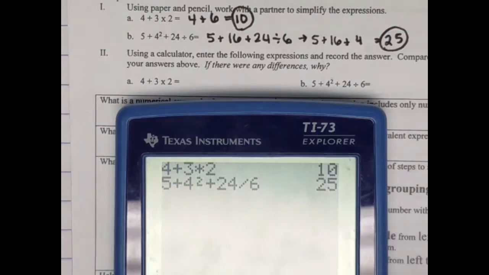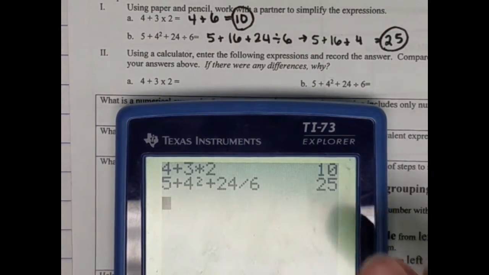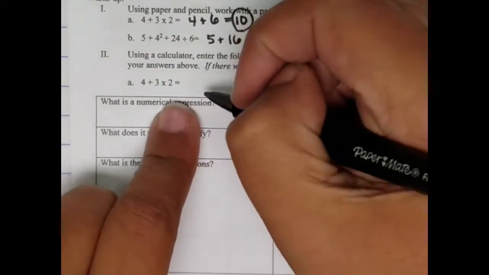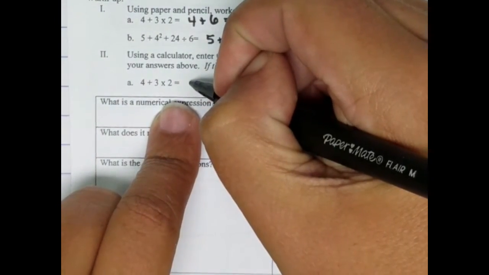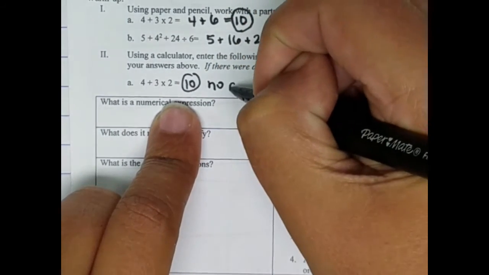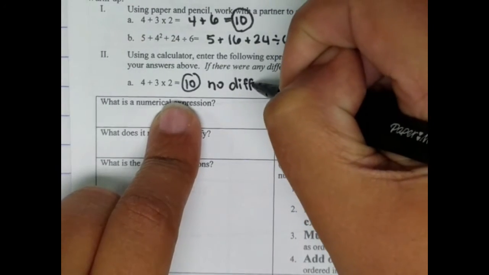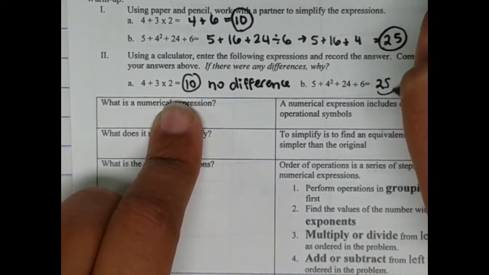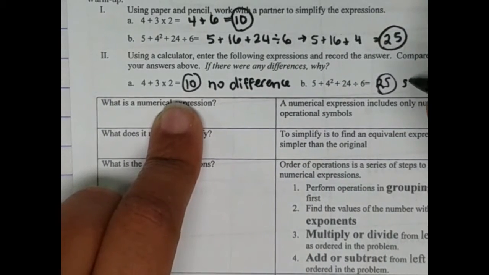They got 25 just like we got 25 because the calculator follows order of operations. So if there were any differences, why? So we could just say the answer was 10, no difference. The answer was 25, or you could just put same answer.